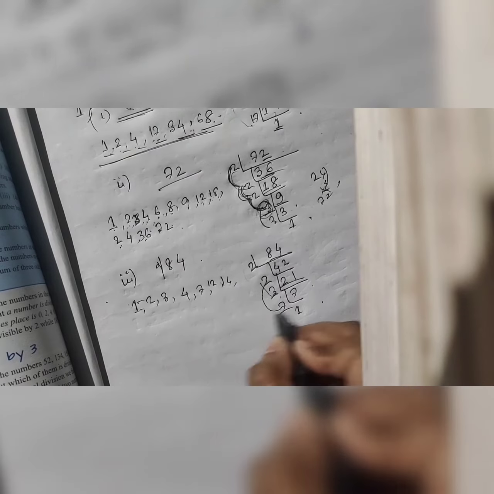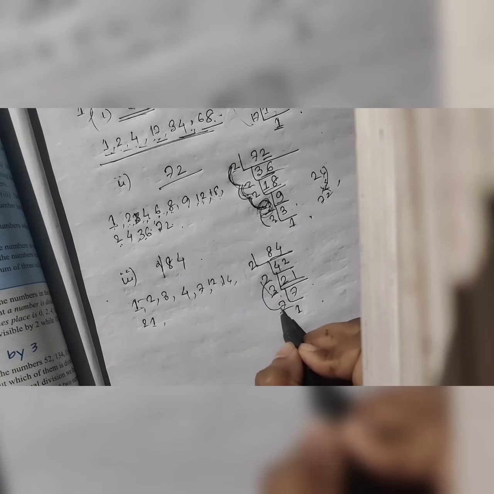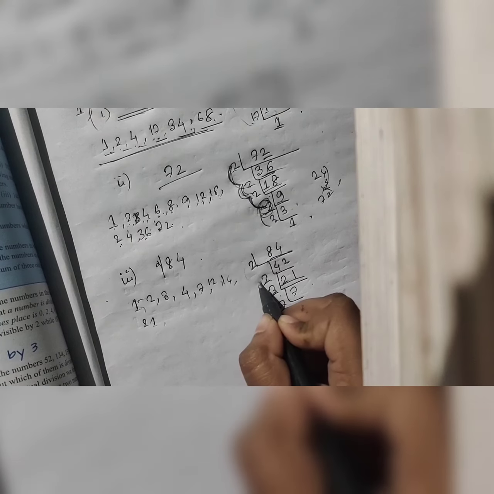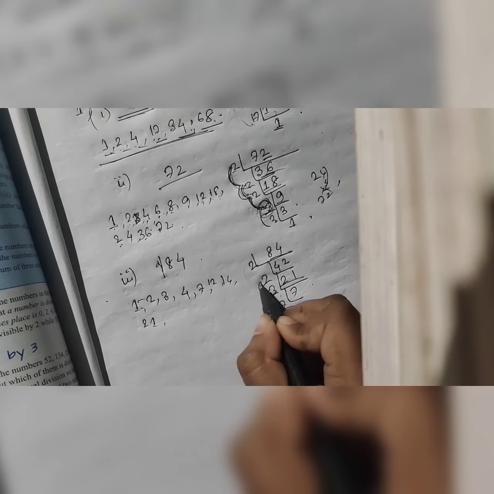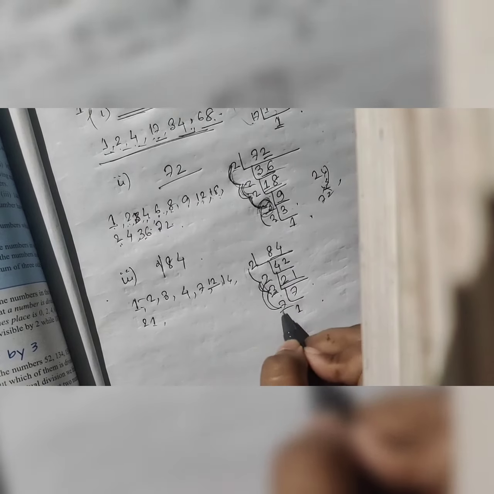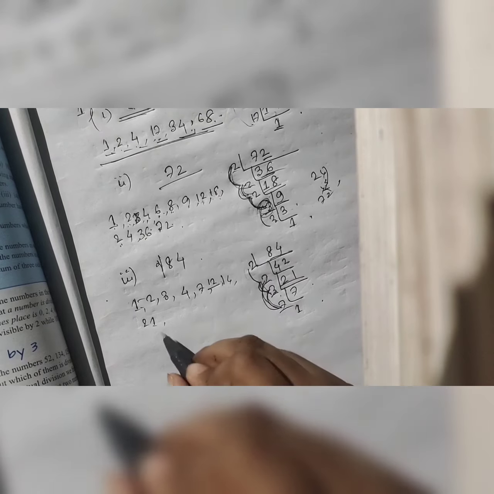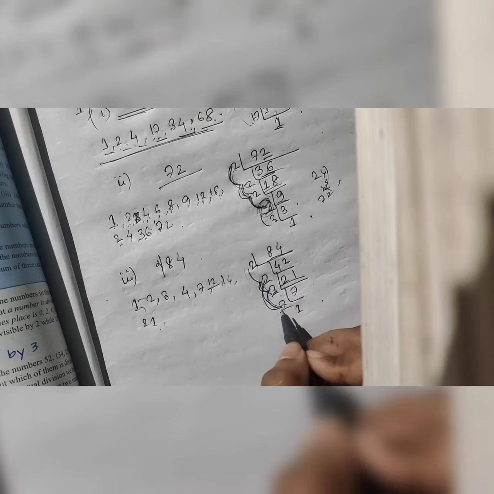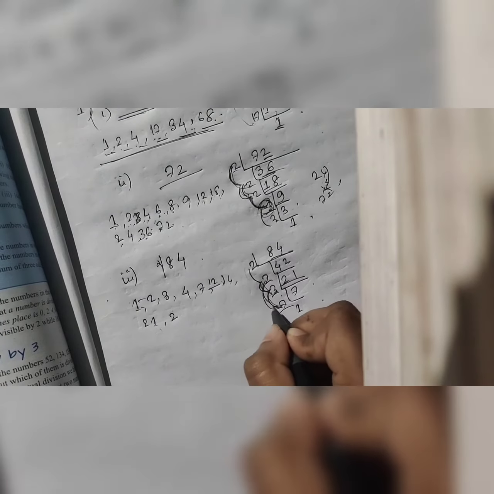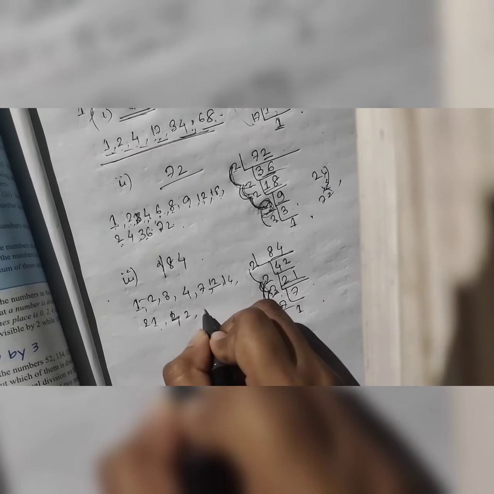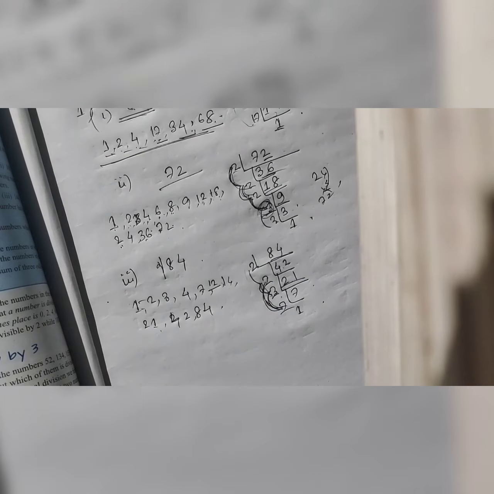Then there is 21, 7 × 3 is 21. 12, 7 × 2 is 14, 7 × 3 is 21, 7 × 6 is 42. 21, 42 and 84. So let me check.